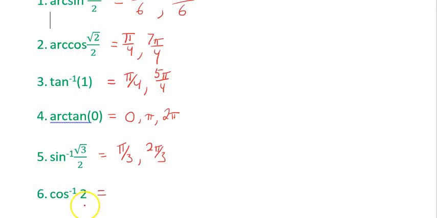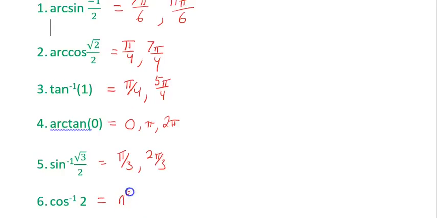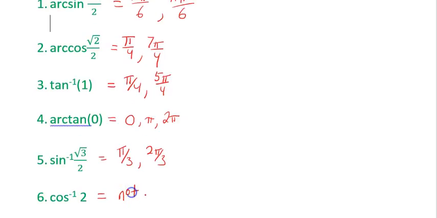If you think about your unit circle, the biggest cosine that you have on the unit circle is 1, because that point is farthest to the right at 0, and 2 pi, the x value is 1. That's the farthest point you have to the right. So you're not going to have an angle that has an x value of 2 if the circle is not going that far. And so the answer to this would be not possible.